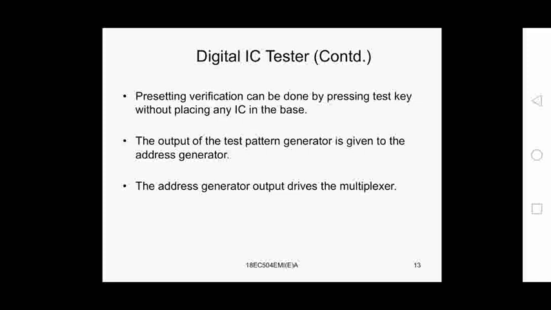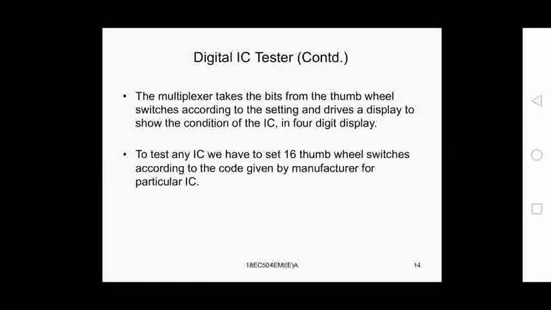The output of the test pattern generator, the TPG, is given to the address generator, and this address generator output drives the multiplexer. The multiplexer takes the bits from the thumb wheel switches, whose output is given to this multiplexer, according to the setting.